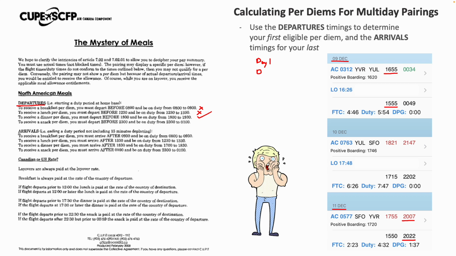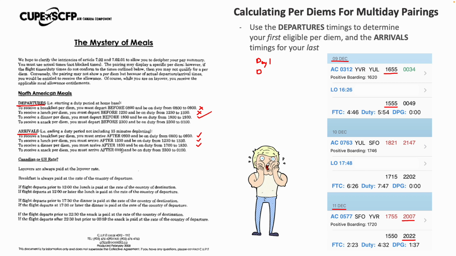So when we look at the arrivals column, we can see that the last flight arrived at 8:07 p.m. So it clearly arrived after 9:30 a.m., which means we get a breakfast on the last day. It arrived after 1:30 p.m., so we get a lunch on the last day. It arrived after 6:30 p.m., so we get a dinner on the last day.